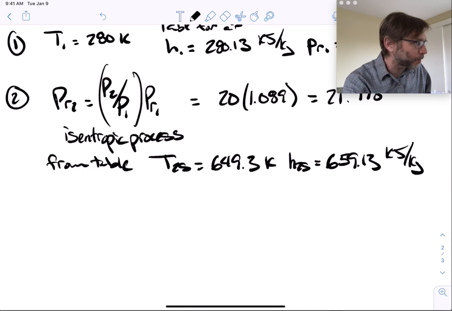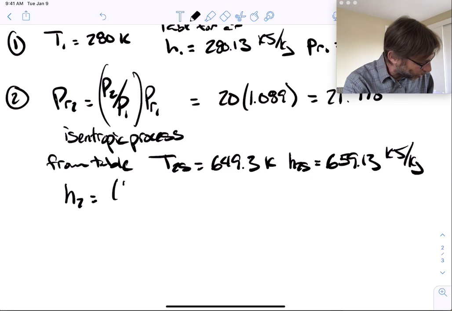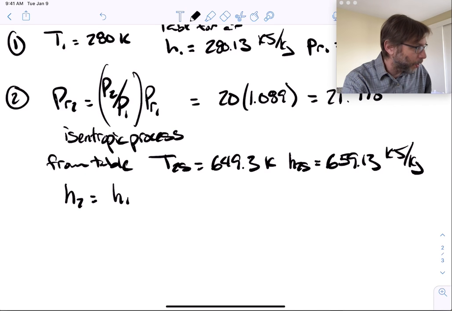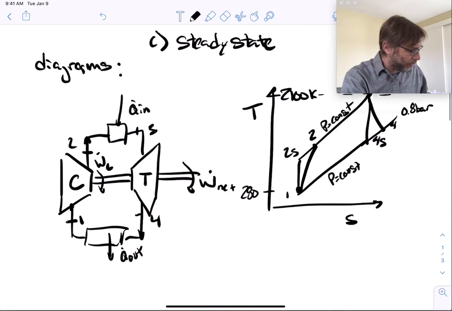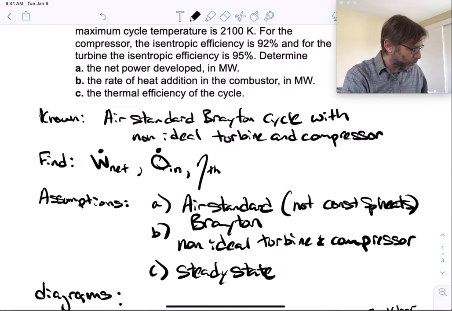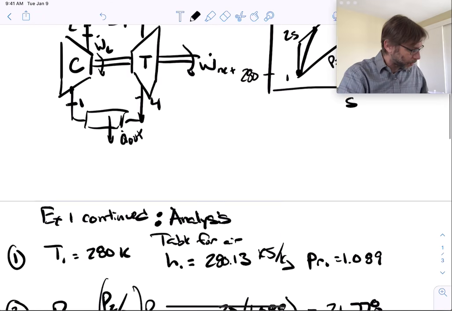So we know that the efficiency is equal to H2S minus H1 divided by H2 minus H1, and the efficiency of the compressor is given as 92%.